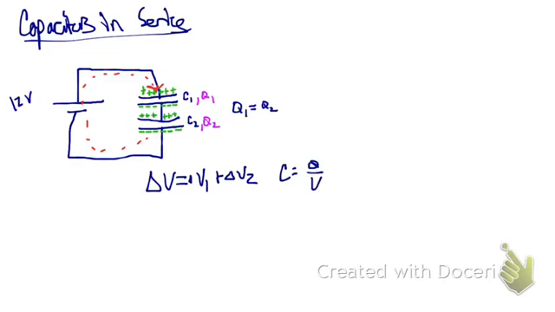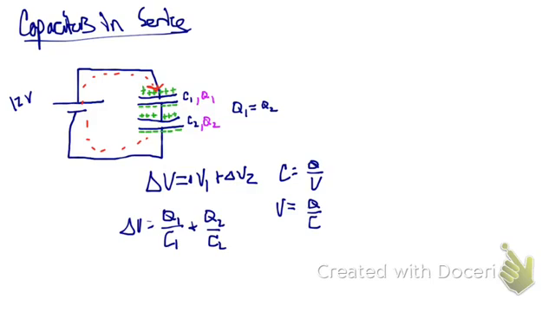Another way we can write that is our voltage equals charge over capacitance. So in this case, our delta V equals Q1 over C1 plus Q2 over C2, and this can continue.